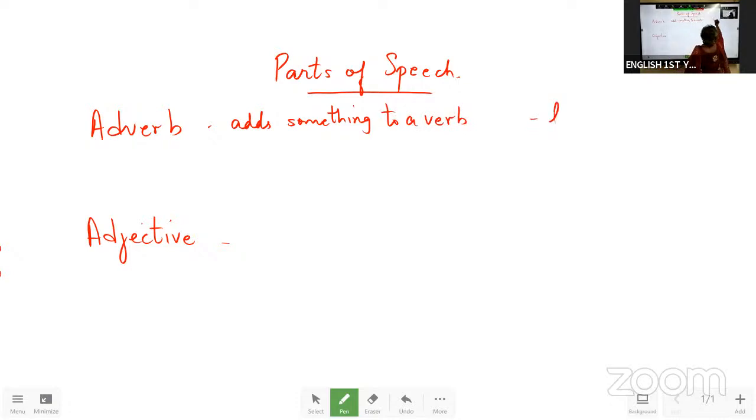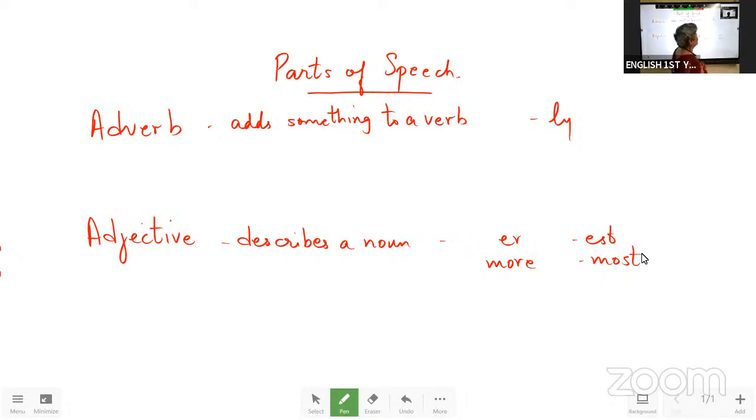It usually takes up ly. An adjective describes a noun. It usually takes up est, but in some cases it takes up more and most, like beautiful, more beautiful, most beautiful.